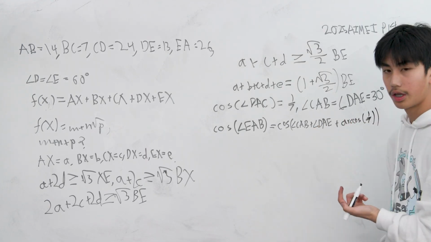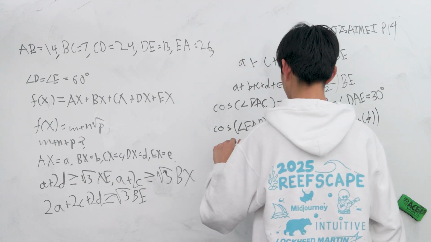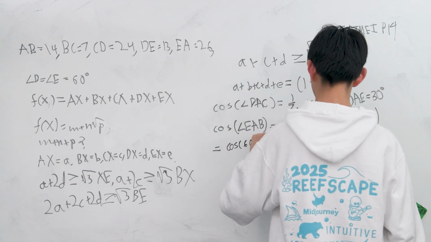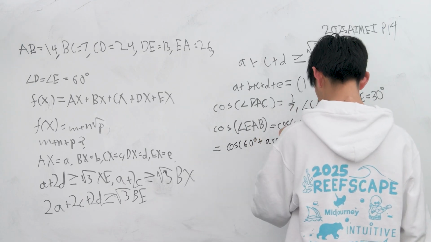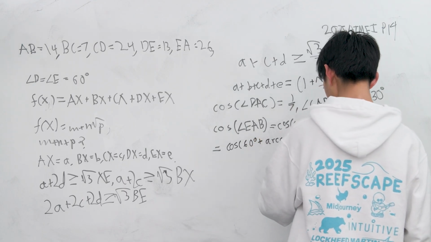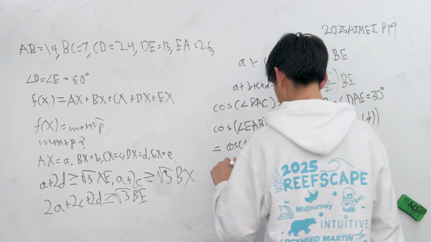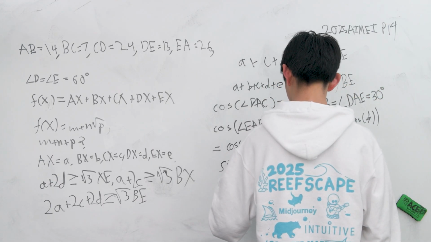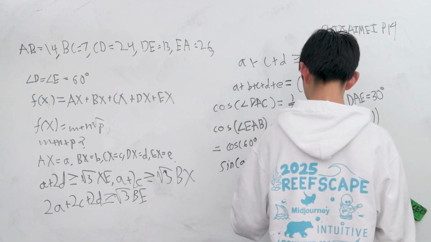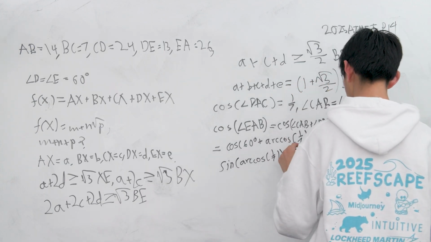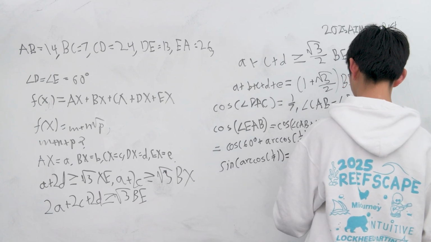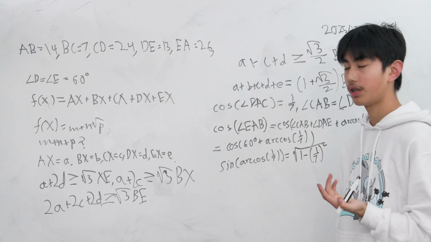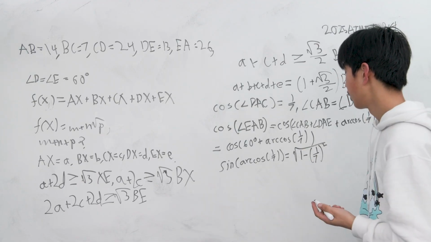These two are both 30, so 30 plus 30 is 60. So we have cosine of 60 degrees plus arc cosine 1 over 7. And this becomes sine of arc cosine 1 over 7, which is equal to the square root of 1 minus 1 over 7 squared.